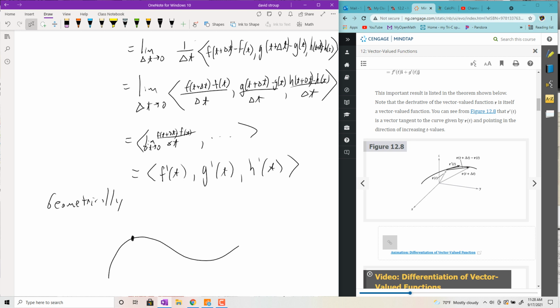So if this curve is traced out by r of t, then at any point right here, if you find the derivative of r of t, it'll give you a tangent vector going in the direction of travel. Okay, so assume we're going in this direction.